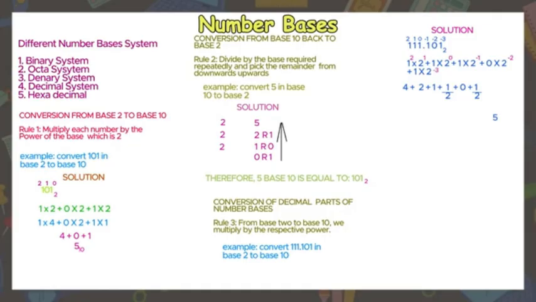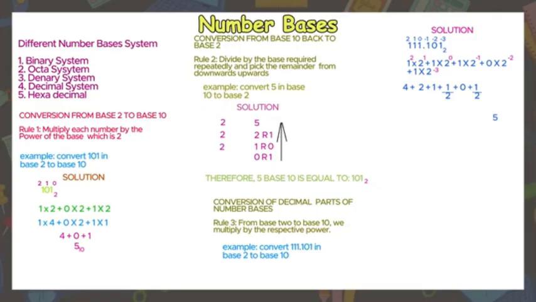1 multiplied by 2 raised to power 2 will give us 4. Plus 1 multiplied by 2 will give us 2. Plus, remember that anything raised to power 0 will give us 1. 2 raised to power 0 is 1, and 1 times 1 is 1. Plus 2 raised to power -1, which is 1 over 2, multiplied by 1, remains 1 over 2.